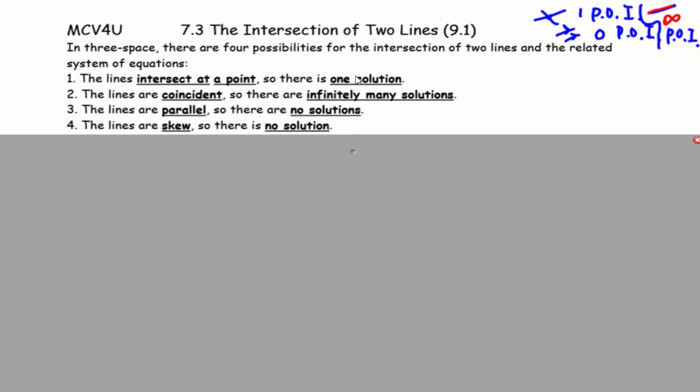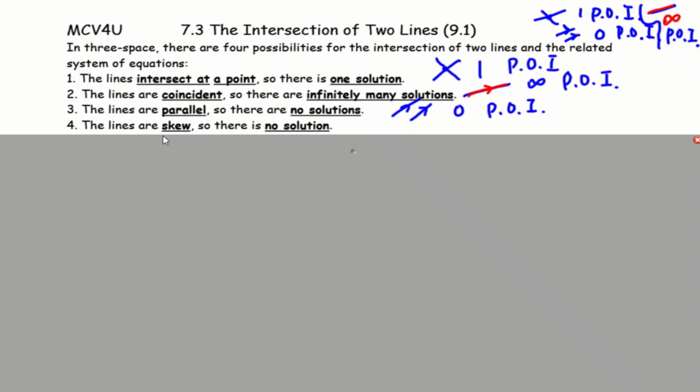The first one is just a regular one, with only 1 point of intersection. The second one, they are the same line, so you will have infinite points of intersection. And if they are parallel, they will never ever intersect with each other, so 0 points of intersection.